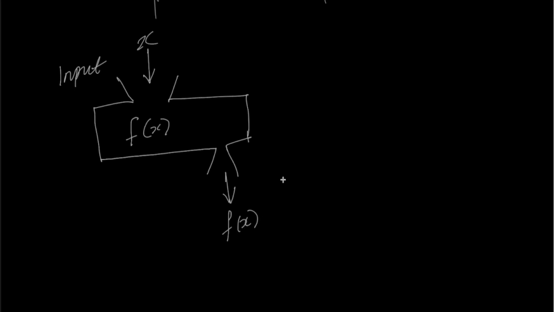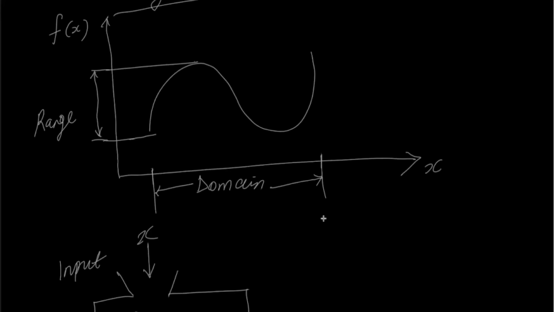Let's see. So it's like this. The input comes in, which are the domains, into this engine. This engine works on the input to give what? Output. Okay? You agree with me that the function, which is y, that is range, depends on the x. So therefore, domain is the independent variable, while this range is the dependent variable, because range depends on domain to exist.